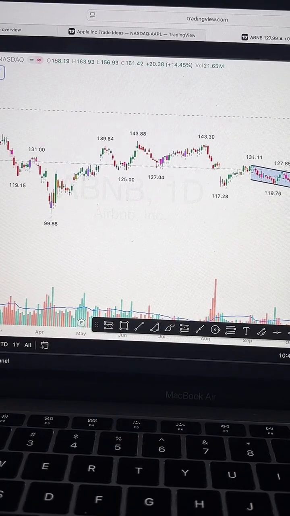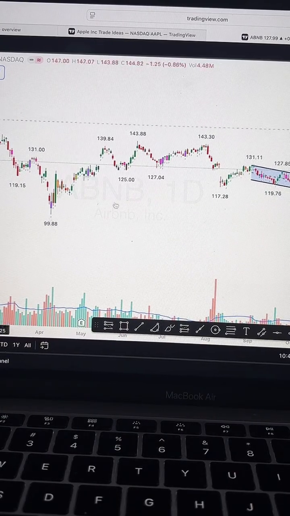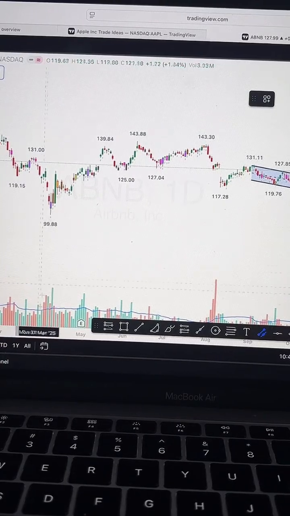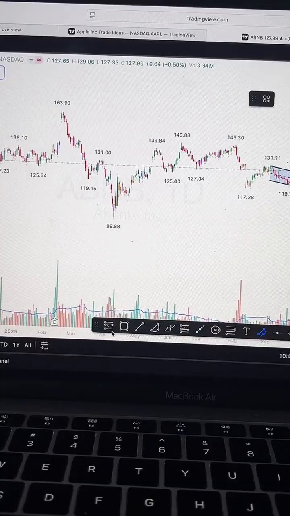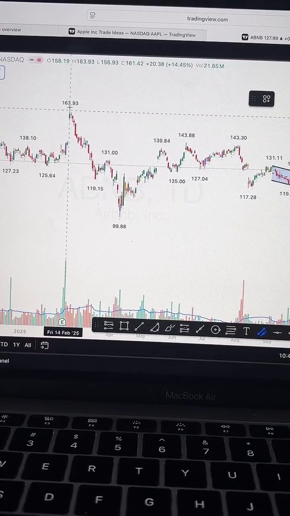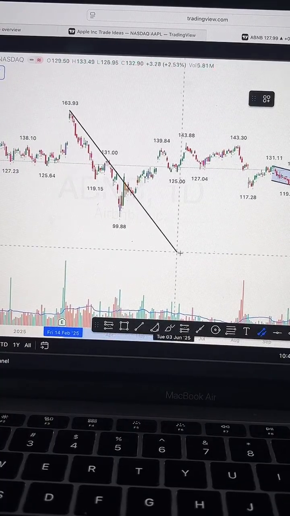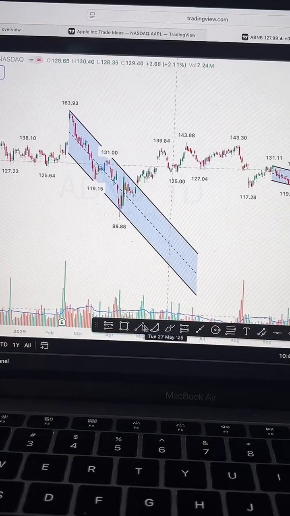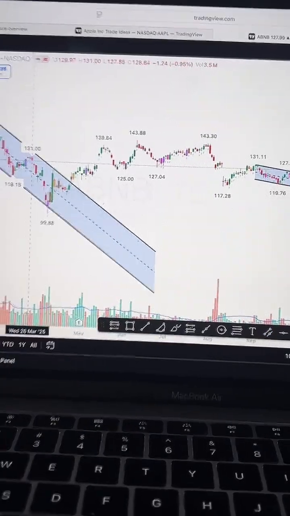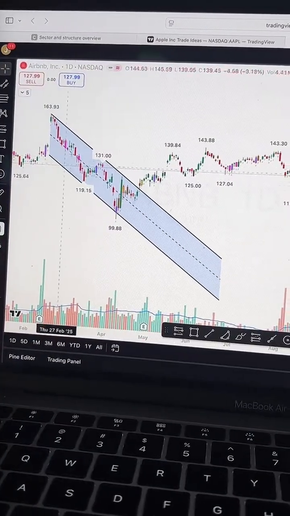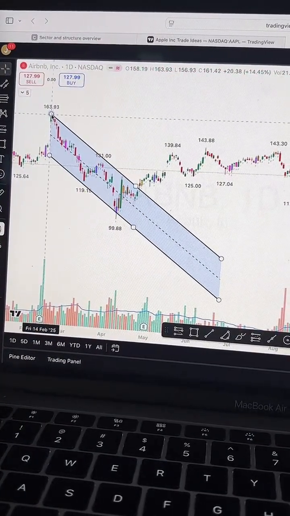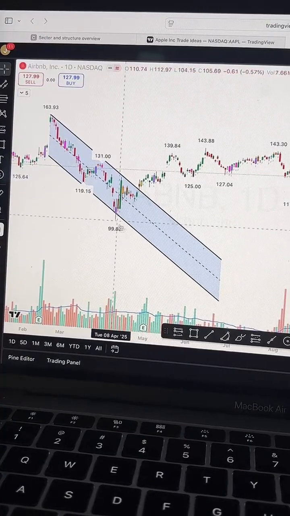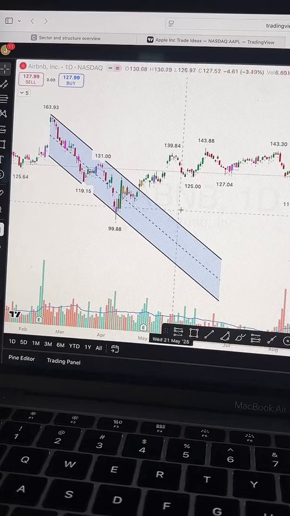Okay, we'll start from here. This has a few examples in one chart. Oh, hold on, y'all can't see, huh? Go right here. Okay, from this 163 to here, we had this downtrend for a minute, right? All I did was connect the highs together. So we're making lower highs and lower lows, downtrend.